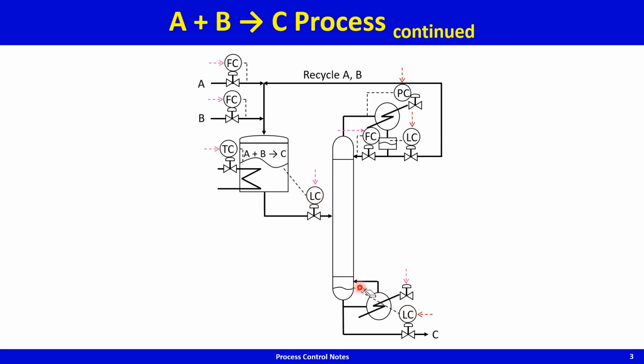On the column, level control at the bottom by adjusting the bottoms rate, level control in the reflux drum by adjusting the distillate rate, pressure control by adjusting the column duty, reflux under flow control, reboiler duty is specified. That's the control structure that we have.